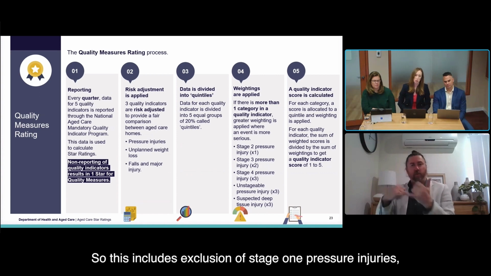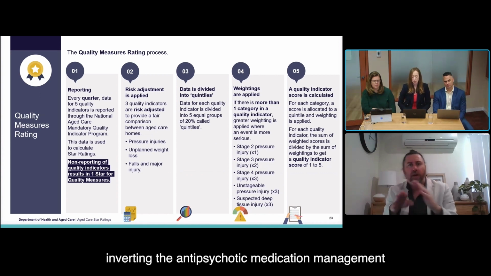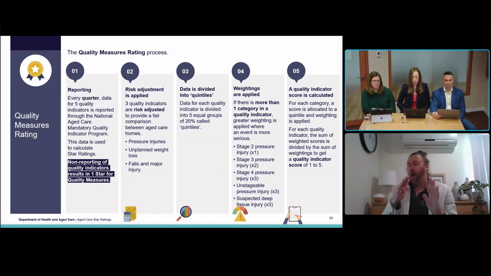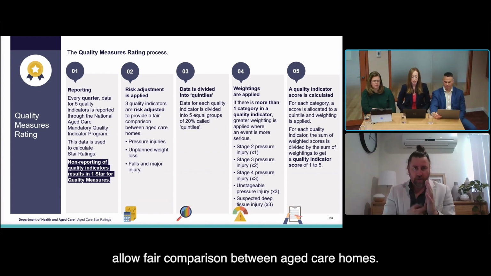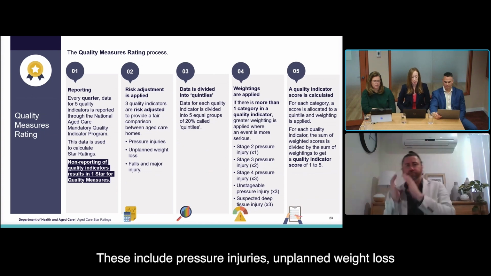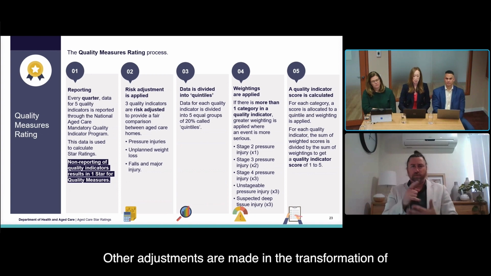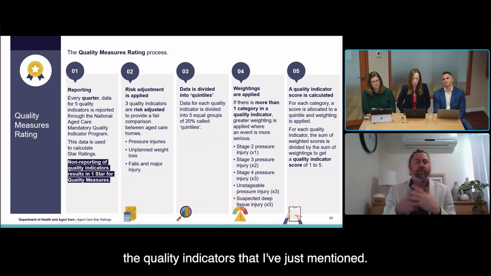So this includes exclusion of stage 1 pressure injuries, consecutive unplanned weight loss, and inverting the antipsychotic medication management quality indicator. So some minor changes to make them more appropriate to publish through the star ratings. 3 quality indicators are then risk adjusted to allow fair comparison between aged care homes. These include pressure injuries, unplanned weight loss, and falls and major injury. Other adjustments are made in the transformation of the quality indicators that I've just mentioned.